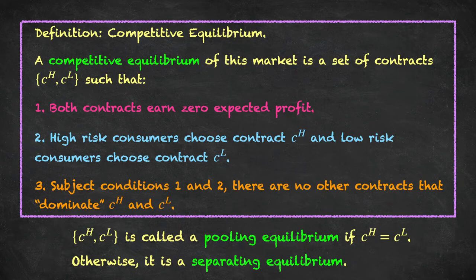So if we assume perfect information, so the firms are able to identify without any cost the different types of consumers, and consumers know their own types, then there is a costless way of separating the high-risk consumers, and we can simply assume that this assumption holds. If, however, we have a situation of asymmetric information where the high-risk consumers know their type, the low-risk consumers know their type, but firms cannot tell the difference between the two types, well, that is where a very important idea is going to come in.